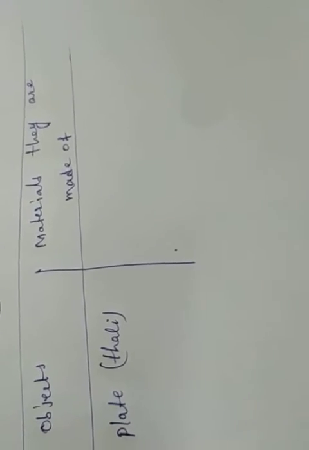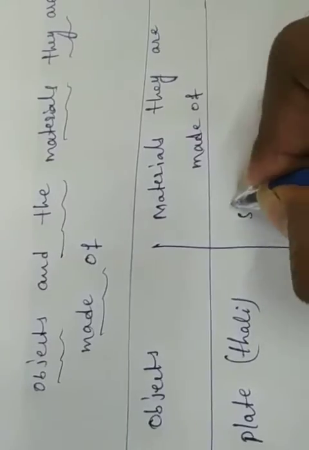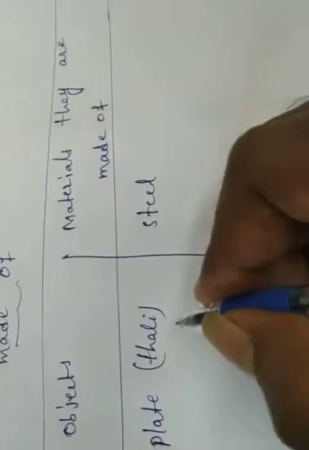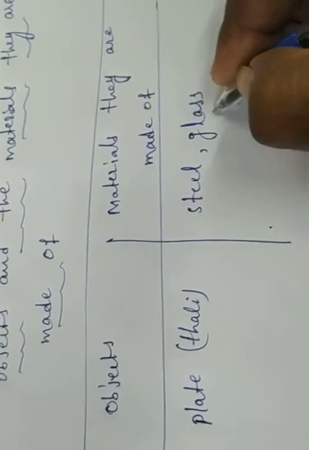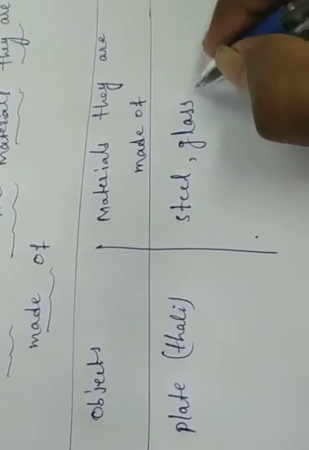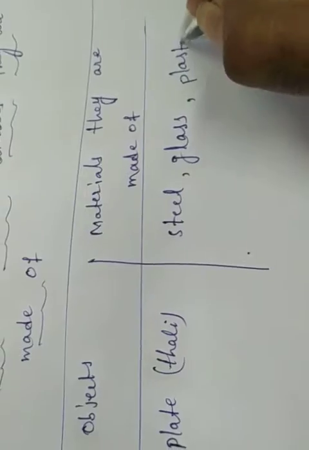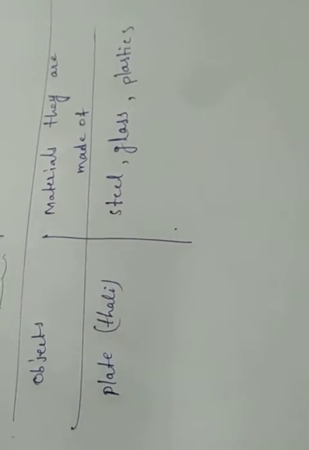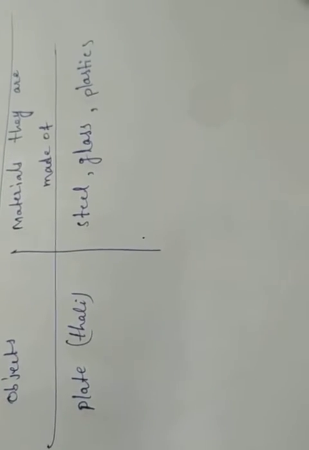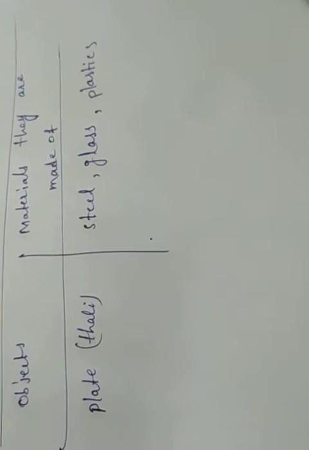Some plates at your home are steel plates. Once you have to observe: some plates are steel, some plates are glass, and some are plastic plates also, and other materials are also used to make a plate.